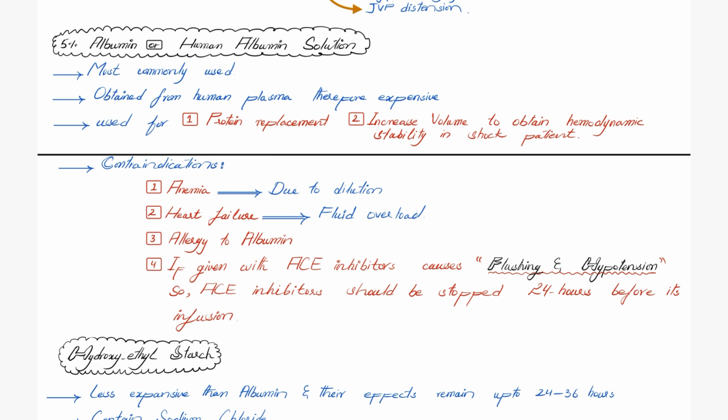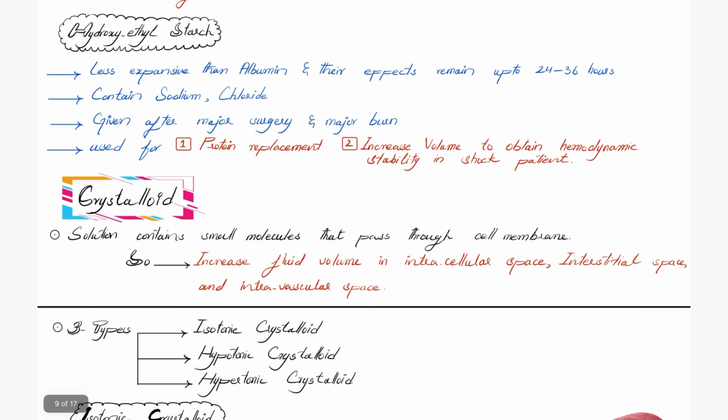The second example of colloids is hydroxyethyl starch. It is less expensive because it is not obtained from human plasma, and its effects remain for up to 24 to 36 hours. They contain sodium and chloride, so be careful not to give it to patients with hypertension.